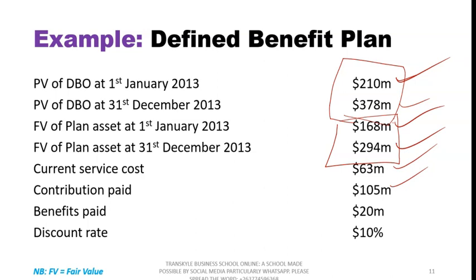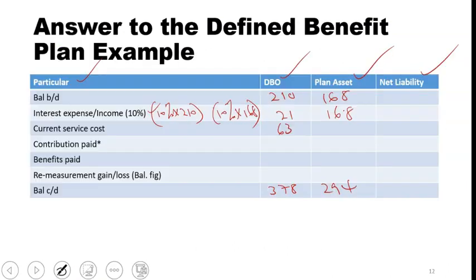So we're going to debit plan asset and credit bank, because the bank has lost the money. All right, so let us account for the contribution paid. So the contribution paid, we are going to increase the plan asset 105.